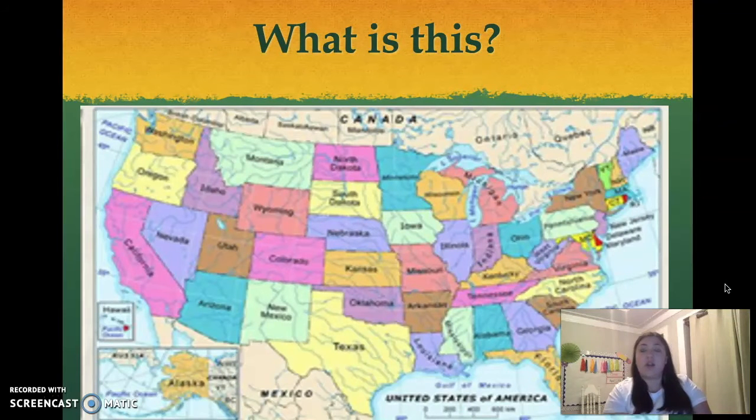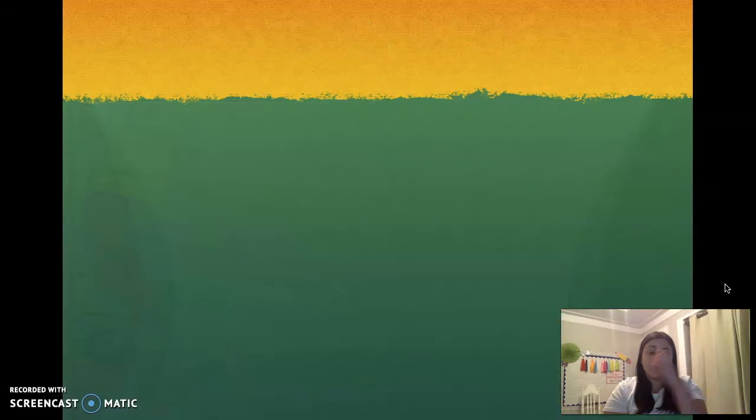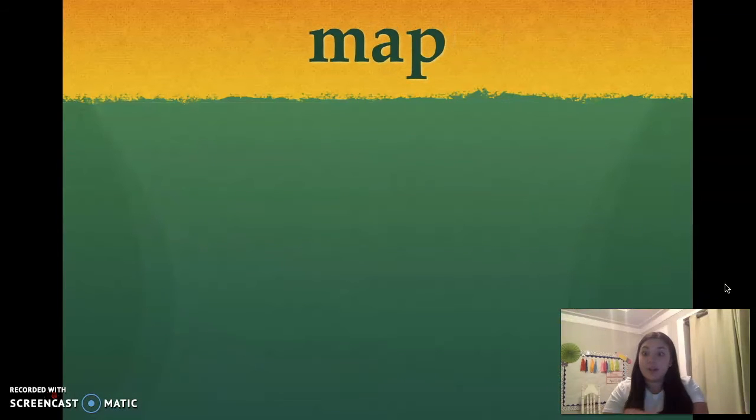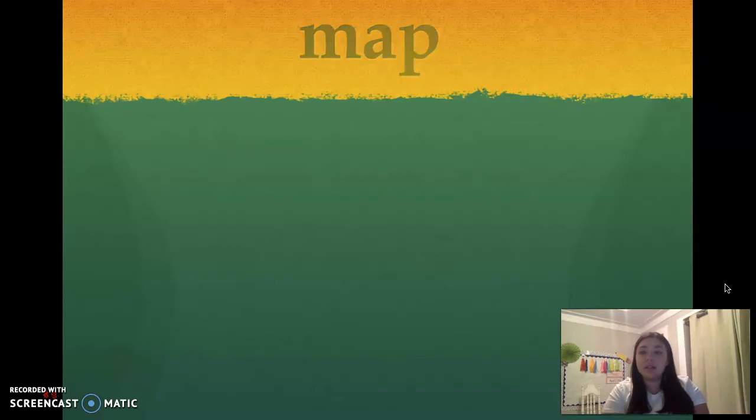Okay, what would you call this? So that was called a map. I'm sure a lot of y'all already knew that, and that just tells us where things are. So that was a map of the United States, but maybe if you were reading a book about an animal, maybe it would show you a map of where that animal comes from or where that animal lives.